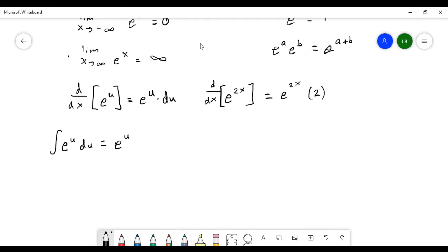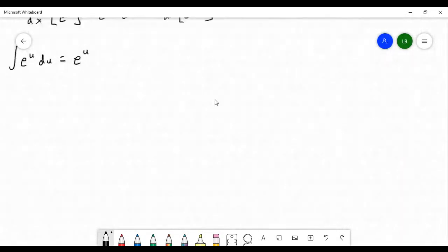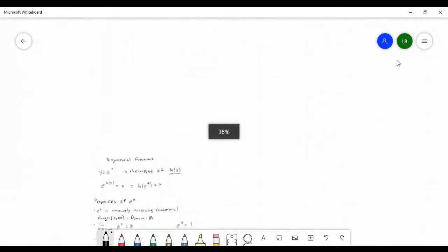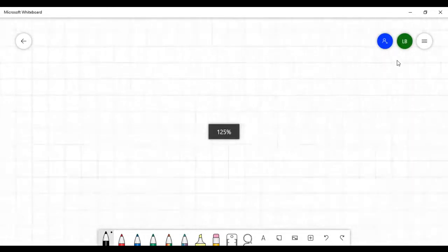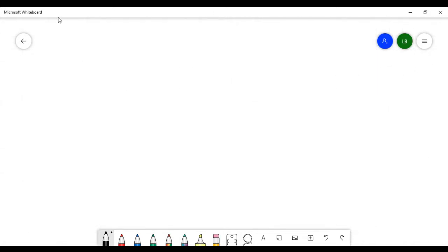And I've got some practice problems, and they're basically just designed to get you more familiar with working with e to exponentials. And I think I put in a couple of natural log problems as well. All right, here goes. Okay, so for some practice problems, let's say we want to find the integral of 5x e to the minus x squared dx.